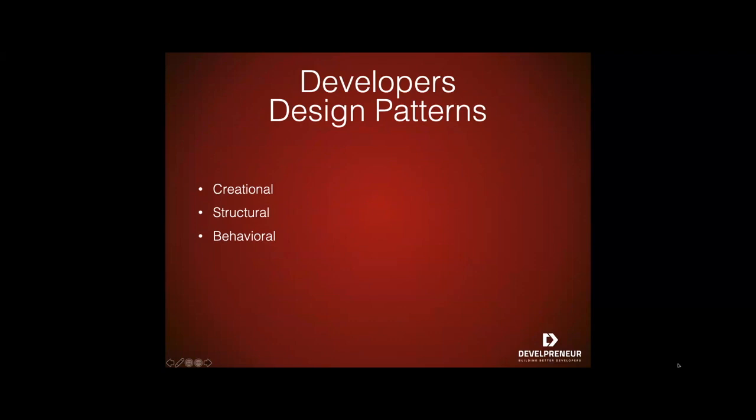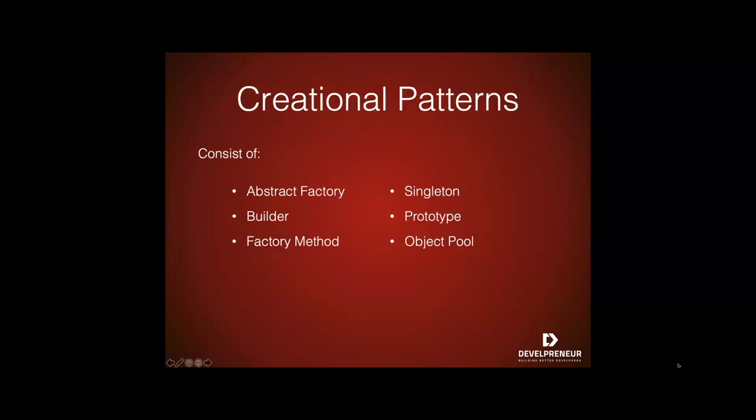The basic form of object creation could result in design problems or added complexity to the design. Creational design patterns solve the problem by somehow controlling this object creation. Structural patterns explain how to assemble objects and classes into larger structures while keeping these structures flexible and efficient. And then behavioral design patterns are specifically concerned with communication between objects.